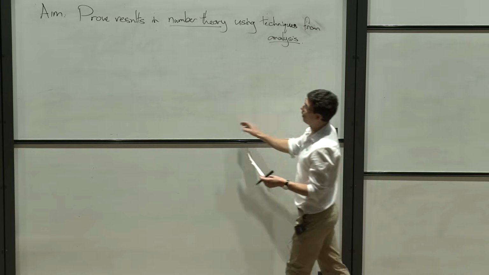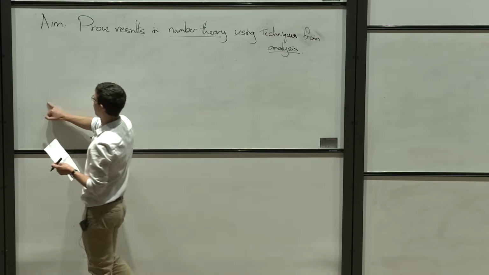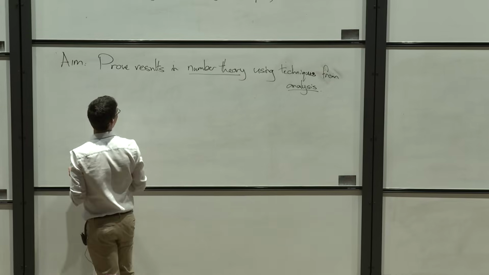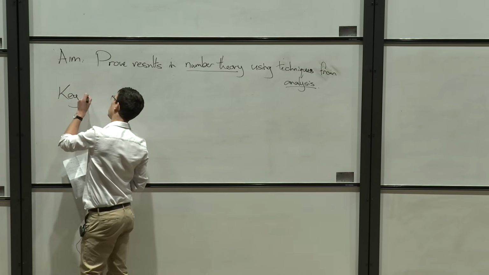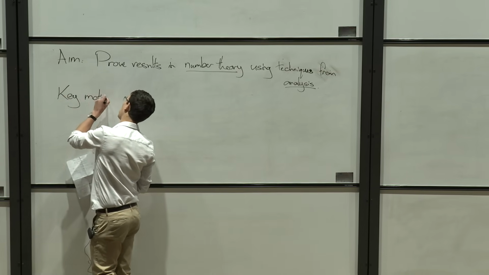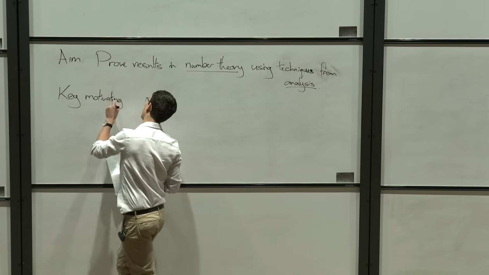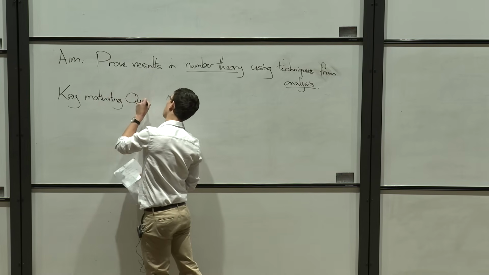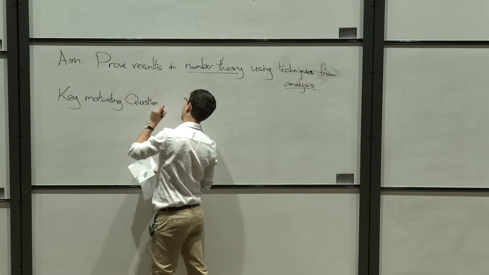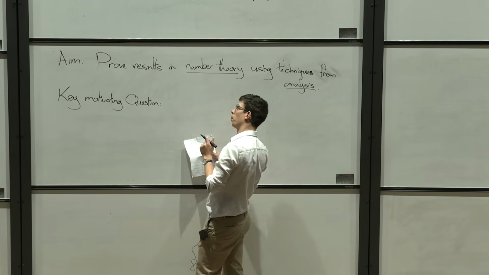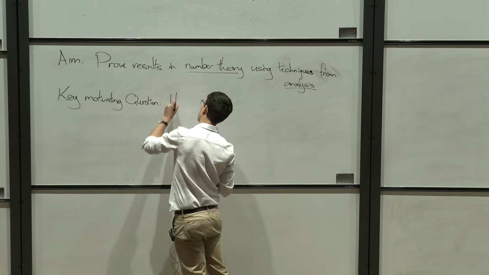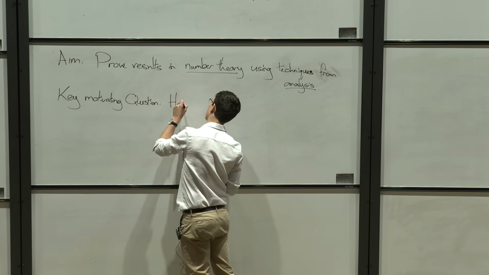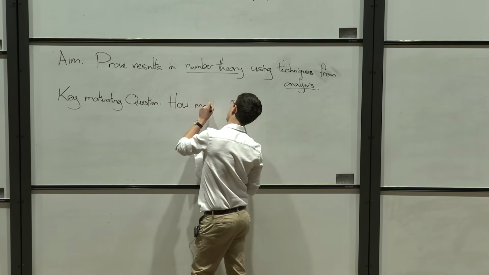Okay, so that's a pretty vague overall aim, and so maybe a slightly more concrete key motivation question for the course is a question that's got a long history in mathematics, and certainly was a big question that Gauss asked himself, which in simple terms is, how many primes are there?